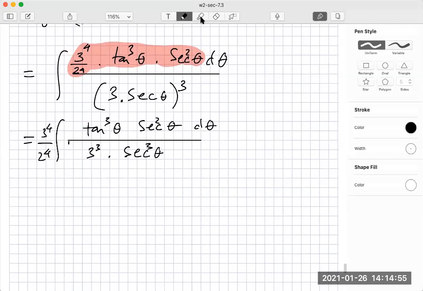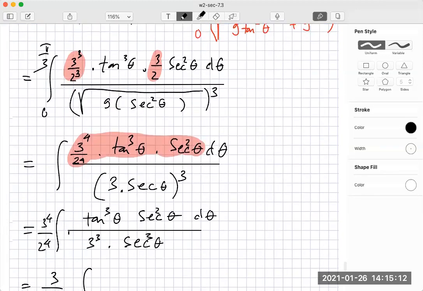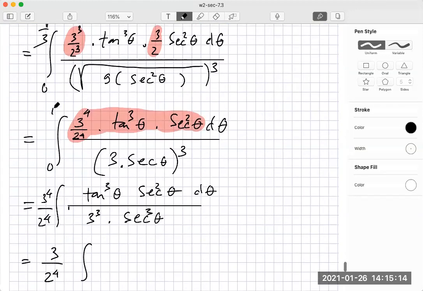Therefore, yes, we can simplify it. And the numbers here, the numerator cancels with the denominator. Oh, yeah, remember we need to write the limit here.